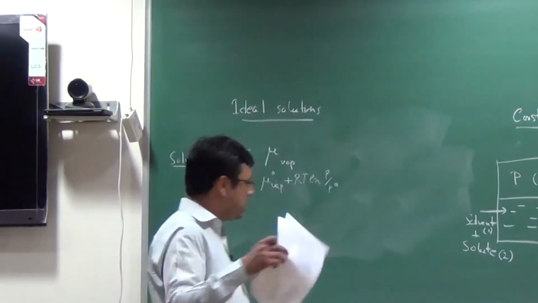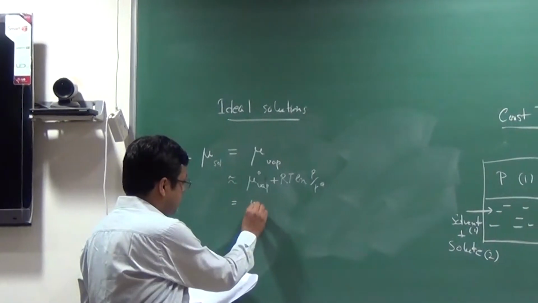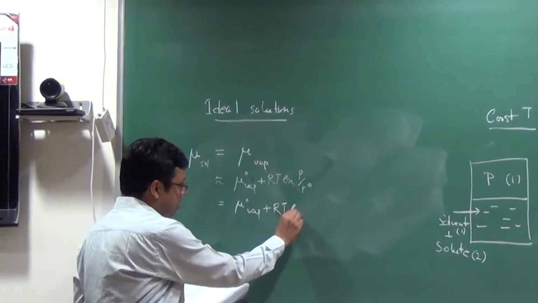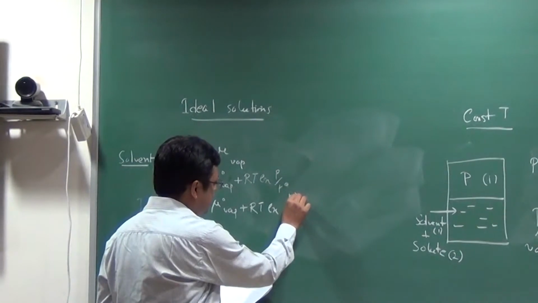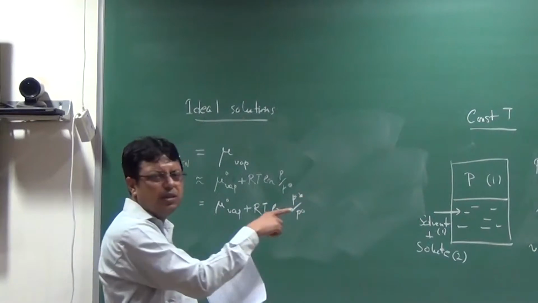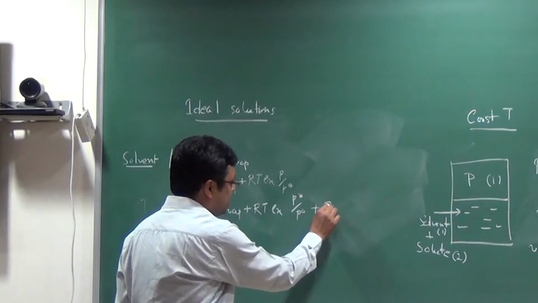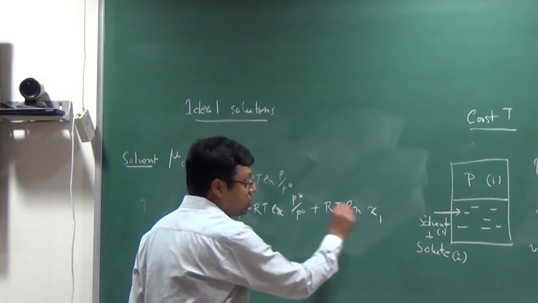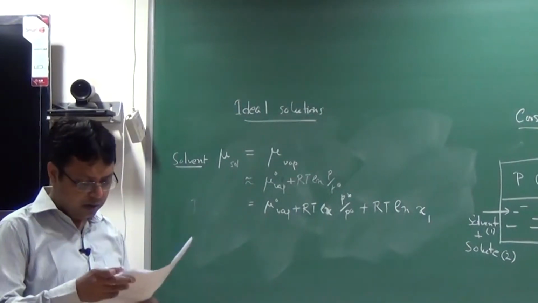So we can write this as mu0 vapor plus RT ln of P star by P0. Then I'm using ln AB is ln A plus ln B, so I'll have an extra term, which is RT ln x1. Clear? Okay, all right.